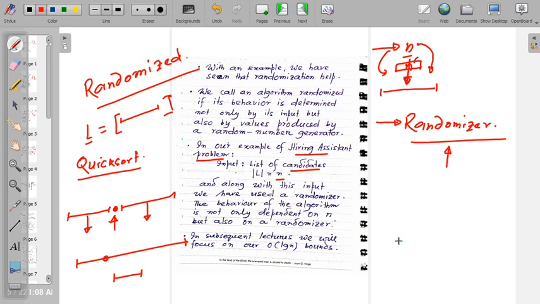I may choose this element, or I may choose randomly this element. Whatever element I choose randomly becomes the pivot.